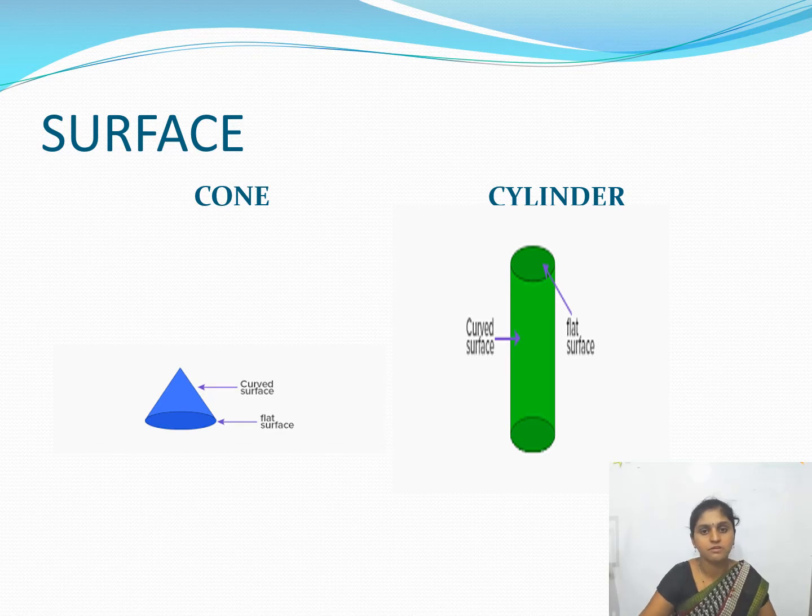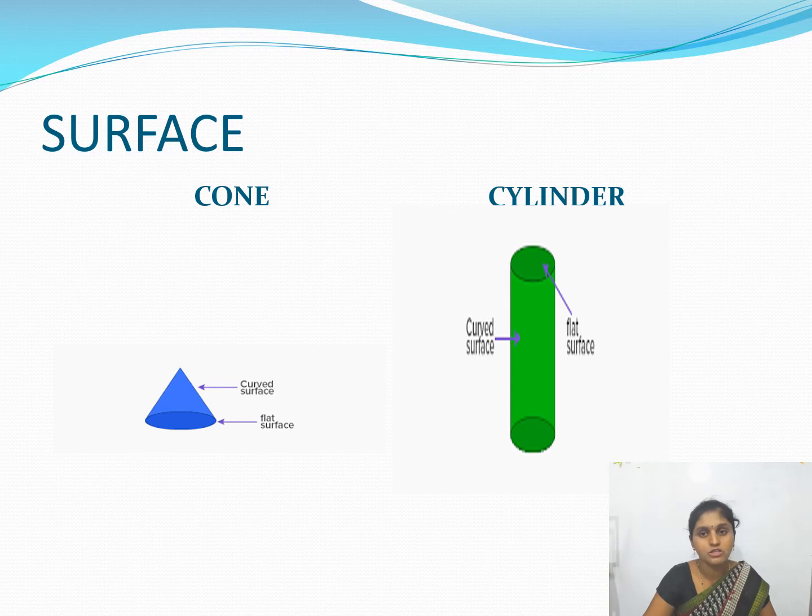First we will go with the surfaces. Already we have studied two types of surfaces, that is flat surface and curved surface. Here I have taken two examples, cone and cylinder. Both figures have both the surfaces.